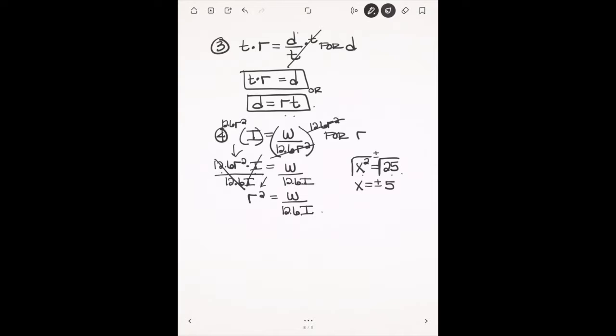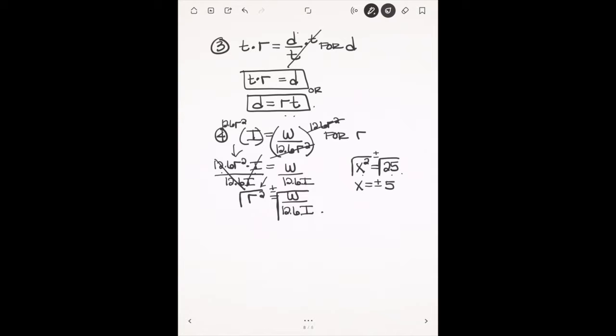So when I do this problem over here, I have an R squared. I want it to just be R. So I'm going to take the square root to get rid of the R squared. But when I do that to one side, I have to do it to the other side. And the square root property says you have to say plus or minus. Now the problem with that, in this problem, this is like a real life equation.